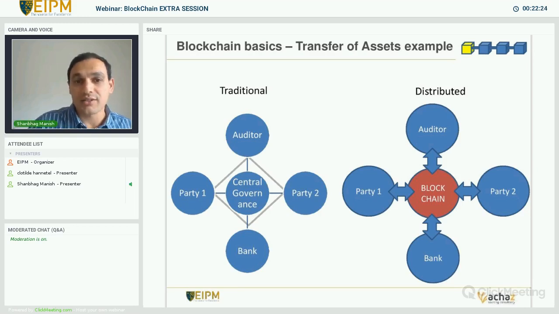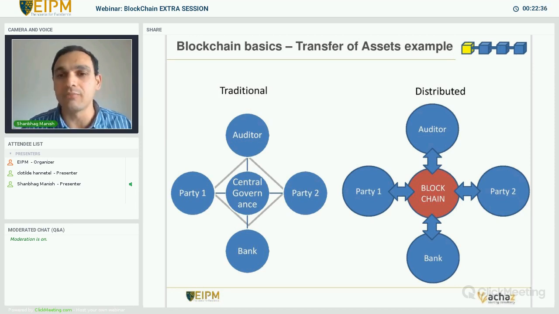It is also possible that this central governance entity becomes a part of the blockchain. So we're not eliminating it; it could also be participative in the blockchain. This is the difference you see from the traditional way to a more distributed way.